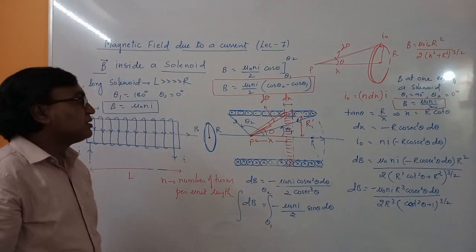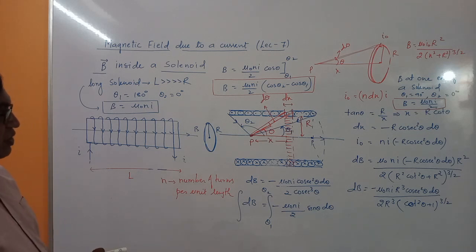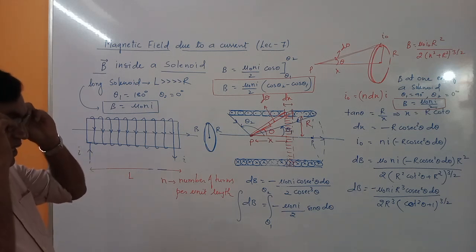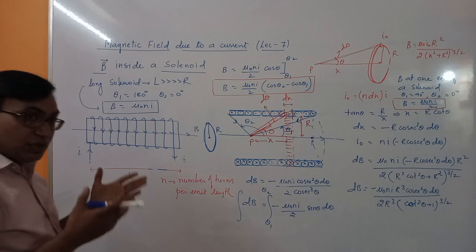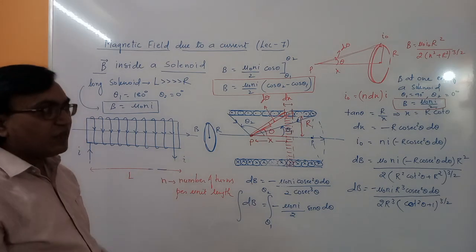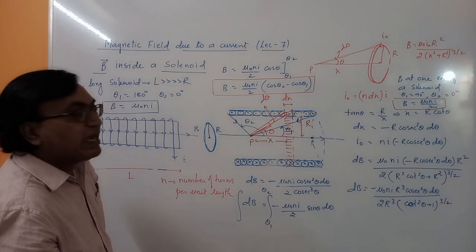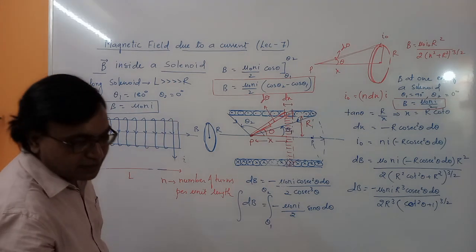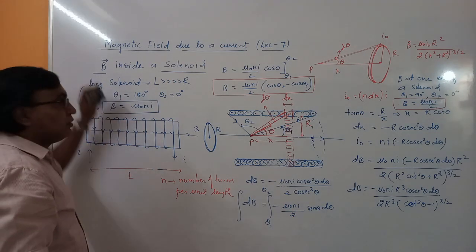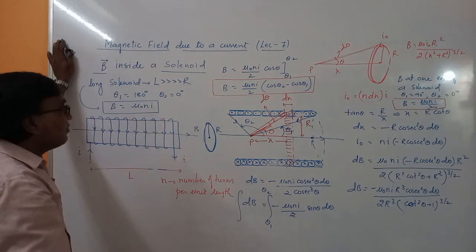Okay. So there is a solenoid. We will use this solenoid as an inductor, or solenoids are used for having uniform magnetic fields. Wherever you want uniform magnetic fields, you can use these solenoids.